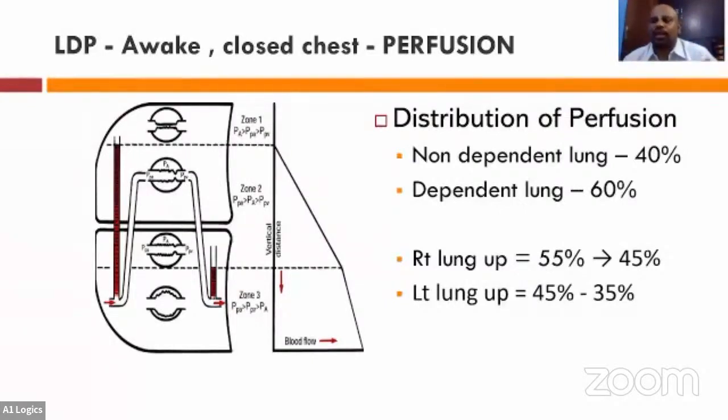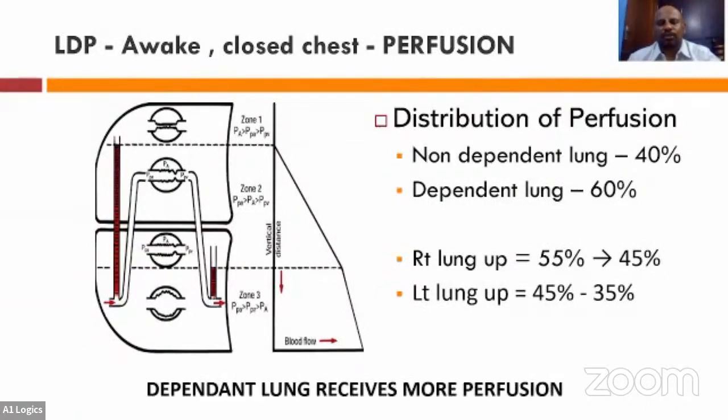Normally the right lung receives 55% of blood. Once a person lies down on his left side with the right lung up, the 55% will come down to 45%. If his left lung goes up, the 45% will come down to 35%. To conclude, the dependent lung receives more perfusion. So ventilation and perfusion are perfectly matched in an awake, closed chest state.